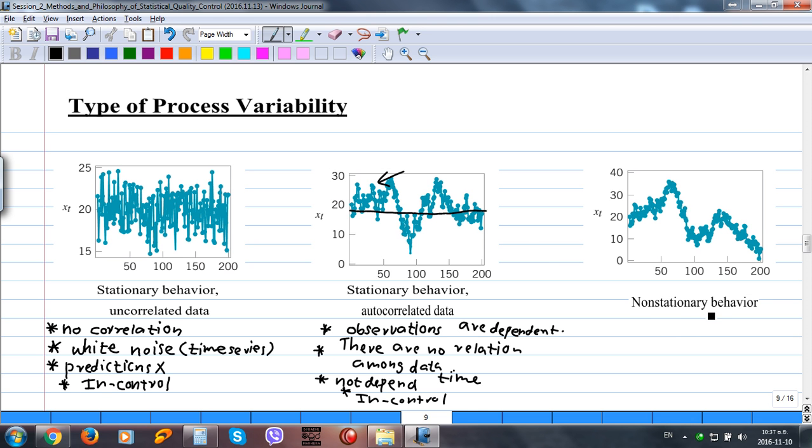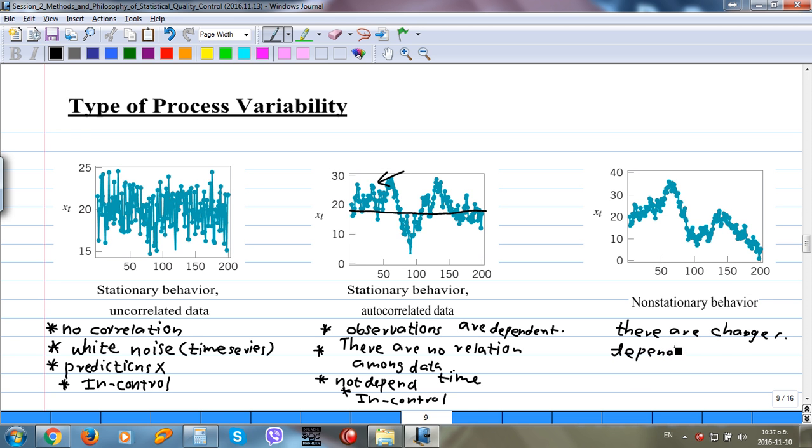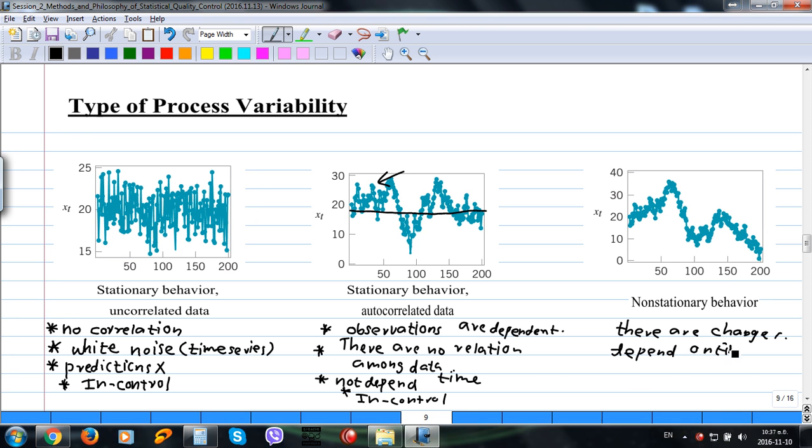Then in non-stationary behavior there are so many changes, and it is not stationary, meaning it depends on time. That is the out of control state. Most of the time we can see these types of processes in chemical industries.